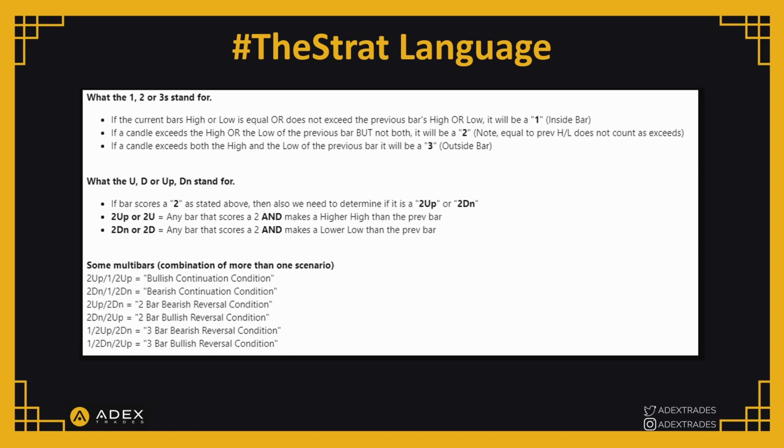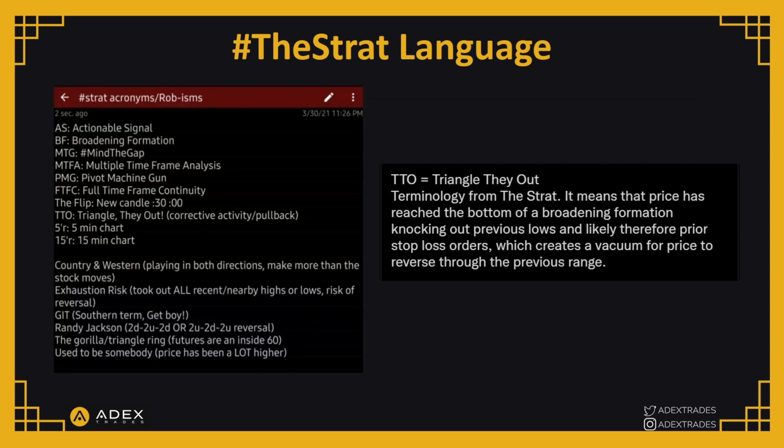Tomorrow, if you hear me say ES is about to go 2 up on the day, you know that means ES is about to break 4078 to the upside. If you go to 4078.25, we broke 2 up on the day, because yesterday's high was 4078. What does the 1, 2, 3 stand for? We already talked about that. What does up or down stand for? 2 up or 2 down. We already talked about that.